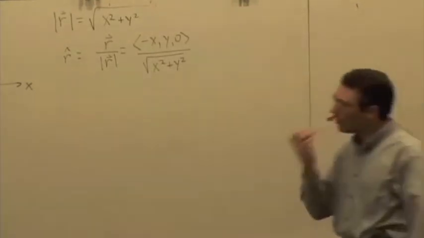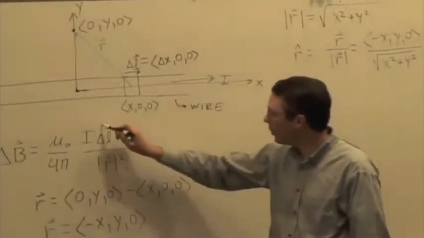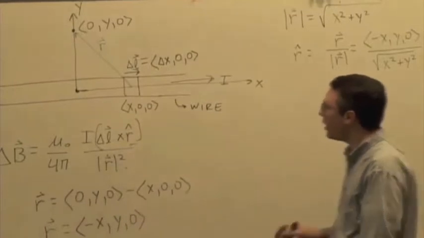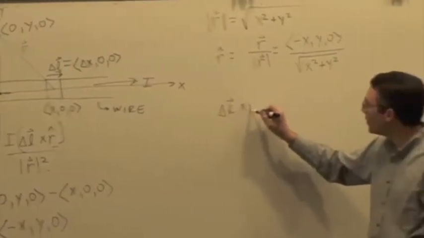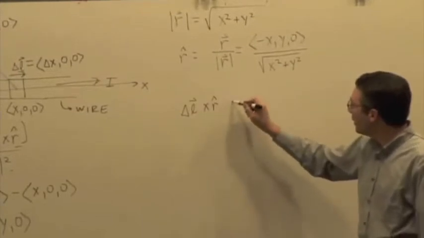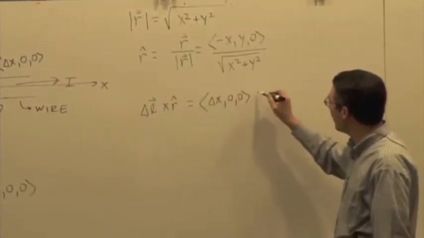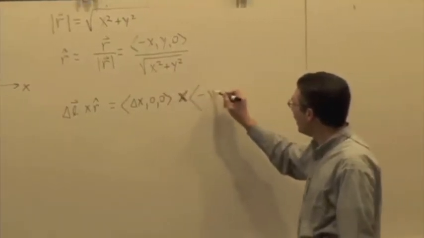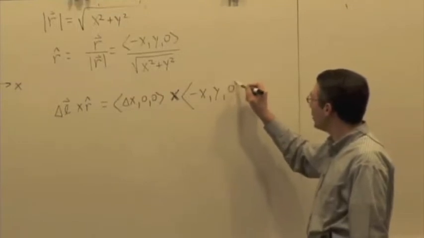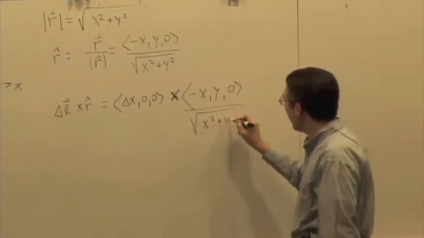We need to do the cross product here. Okay, so we found r hat and we found r. Now we want to think about this cross product delta L cross r hat. So we have delta L cross r hat is going to be delta x, 0, 0 crossed with negative x, y, 0 divided by this magnitude.